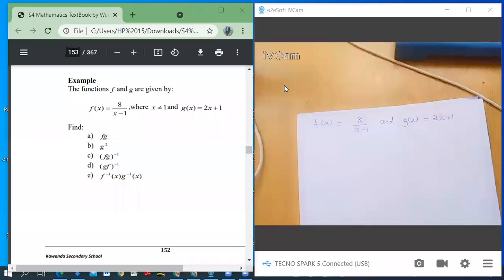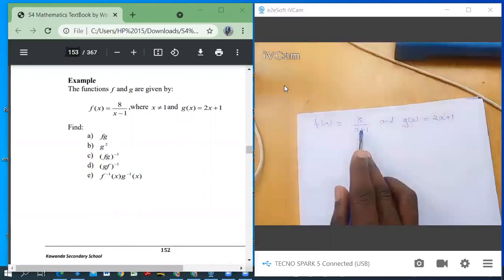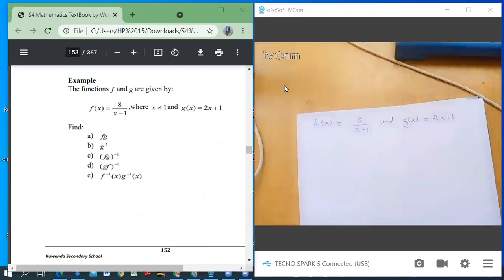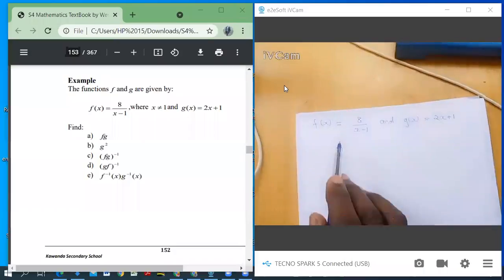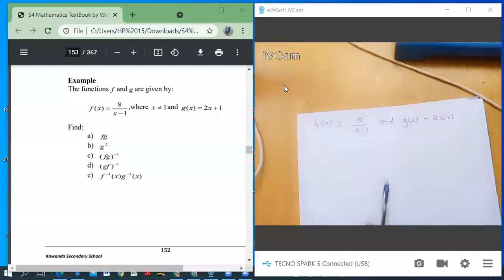Who can explain why we are saying that x should not be equal to 1? In f of x equals 8 over x minus 1, the function exists only if x is not 1.